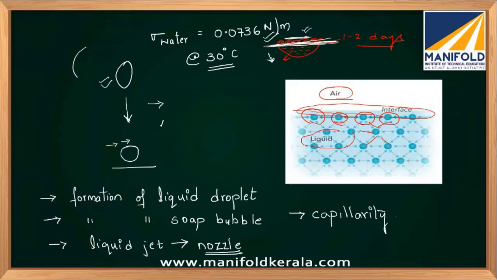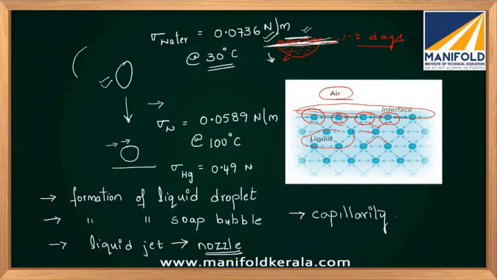The same surface tension of water will be around 0.0589 Newton per meter at 100 degrees centigrade, whereas the surface tension of mercury will be around 0.49 Newton per meter at 30 degrees centigrade. So these are the values at different temperatures.